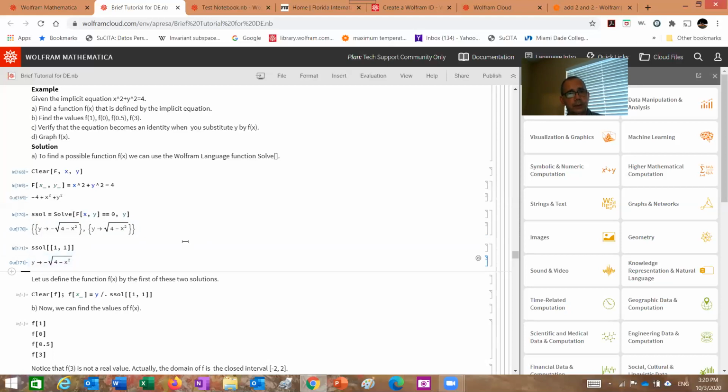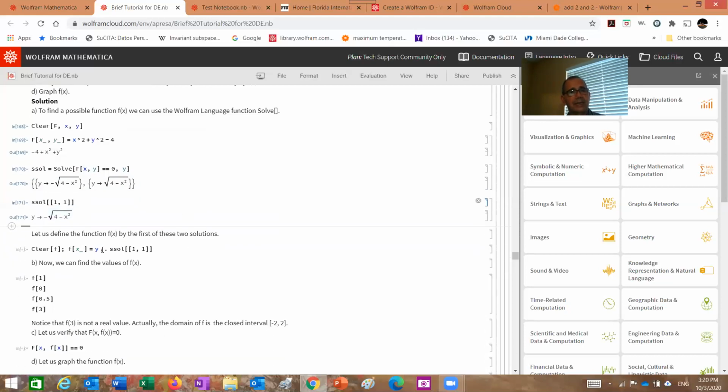And now you can clear the function f. We're going to define a function f for this variable here using this rule. How can we do it? Well, we clear the name f because we are going to use it now, and we define a new function f of x underscore equal to y, where that y is obtained by applying this rule.